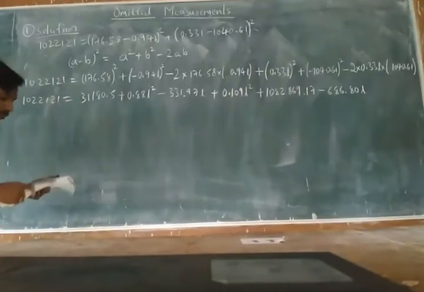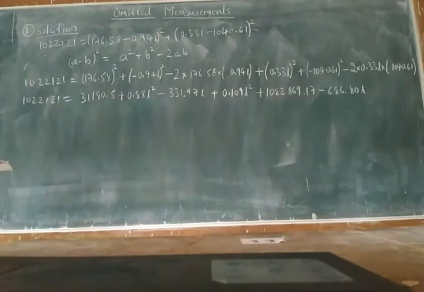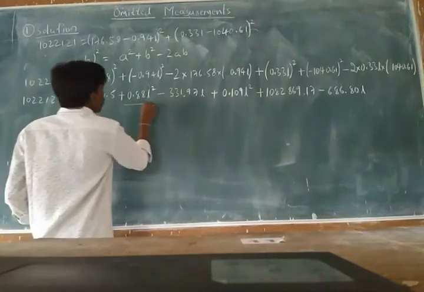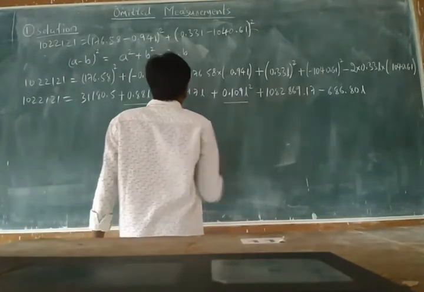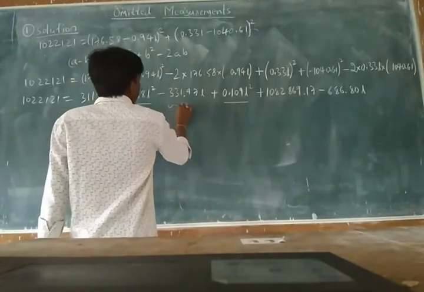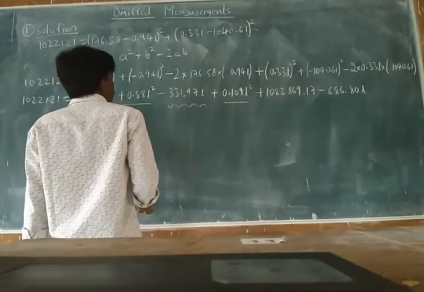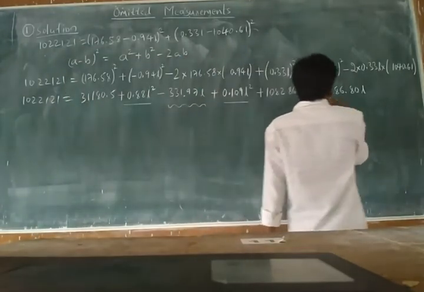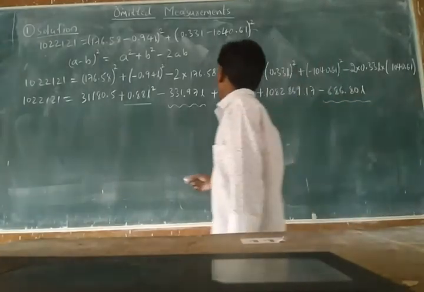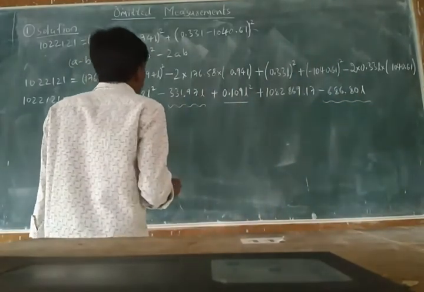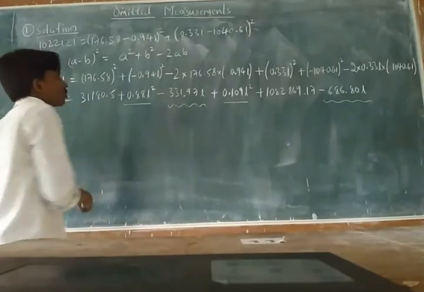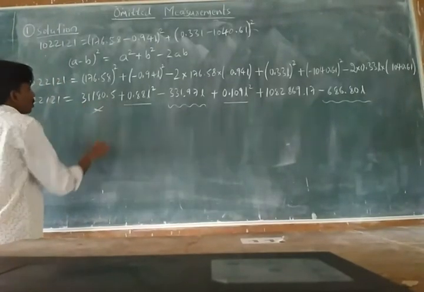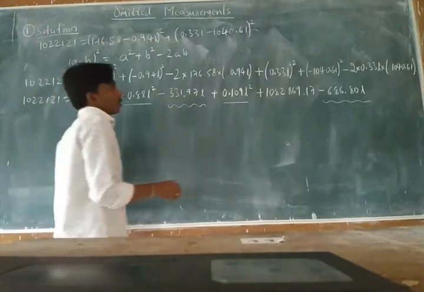Now add these things. Here we have L square value, and here we have L square value, and here we have minus 331.97 L, and also we have minus 686.80 L. So we can add these two values.